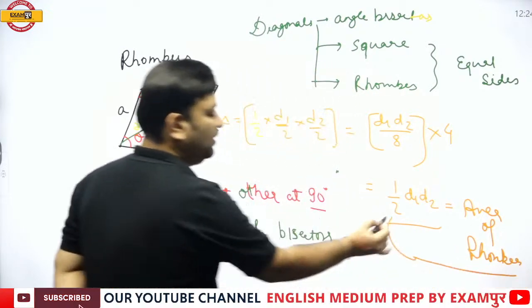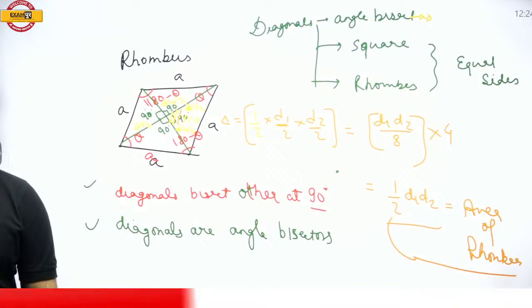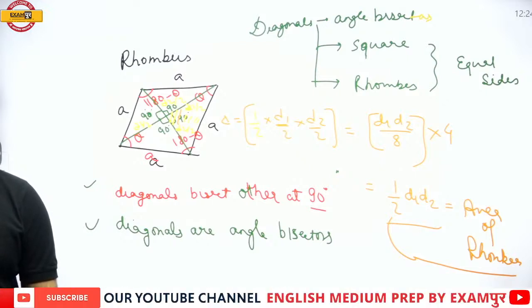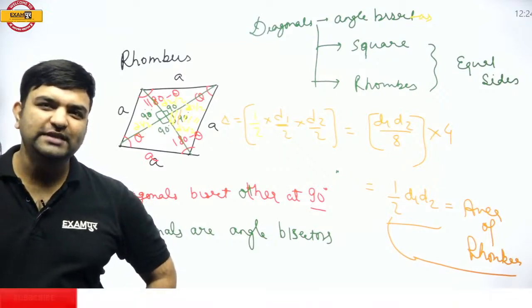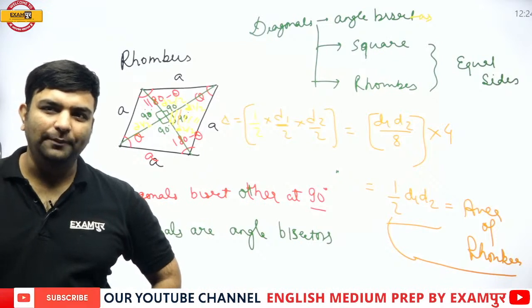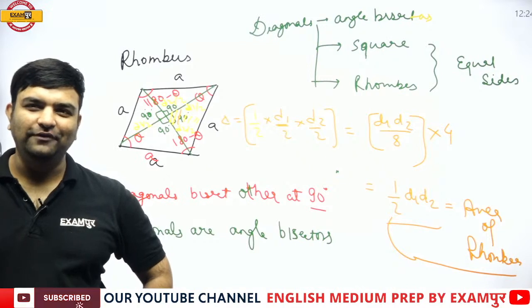The proof of area of rhombus. Because there are four such right angle triangles, you multiplied by 4 and you got half d1 d2.